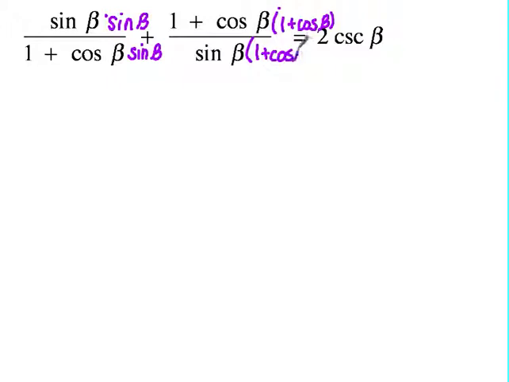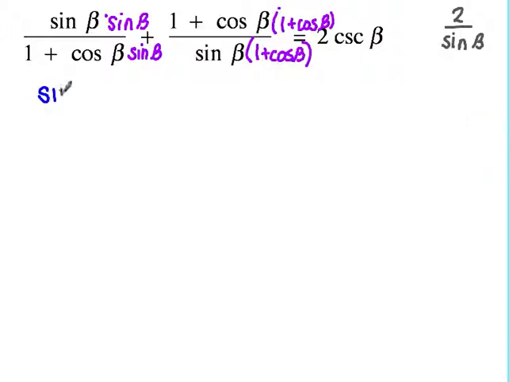Now, let's make a mental note to ourselves. What do I know that cosecant is equivalent to? Cosecant is 1 over sine. So my mental note is that once I get to 2 over sine, I'm good to go, because that's what 2 cosecant equals. Let's look at my first fraction. What do I get from my first fraction? Sine squared.